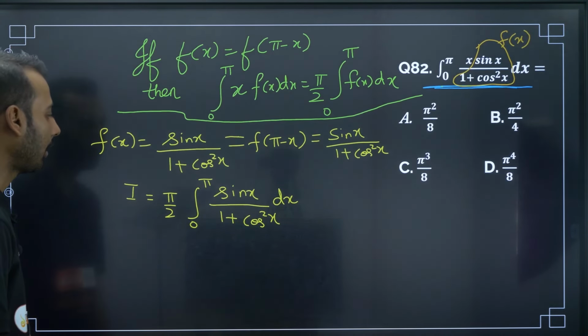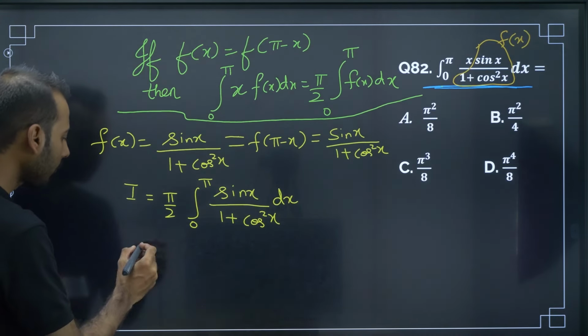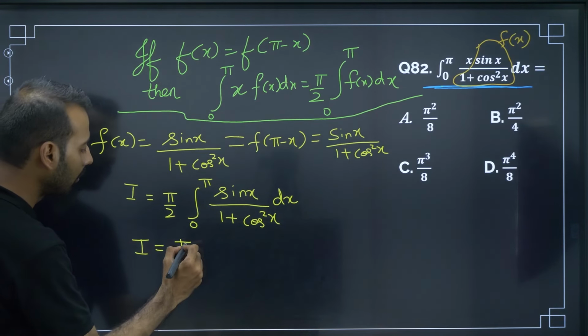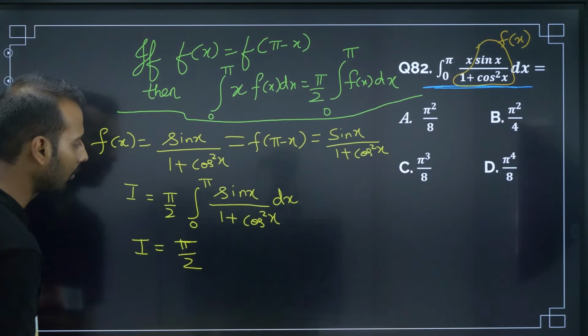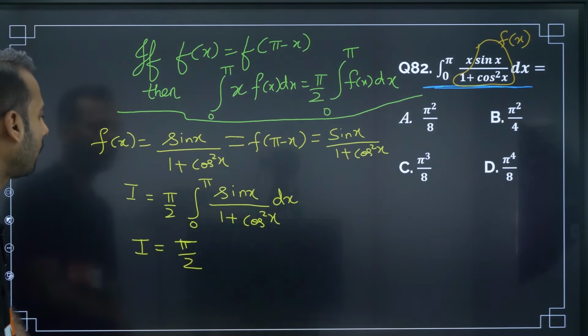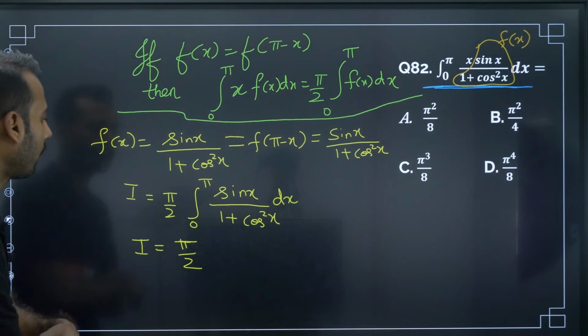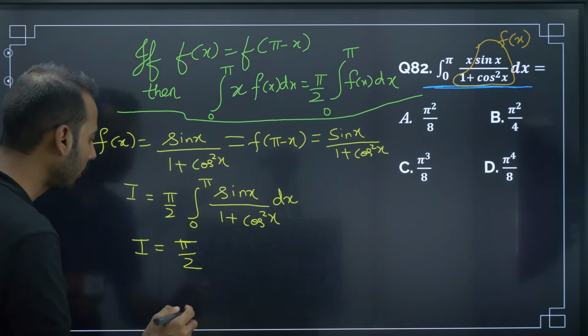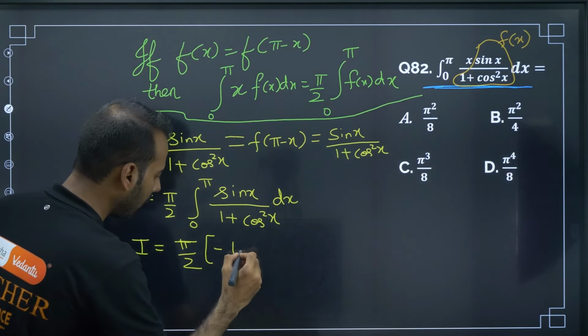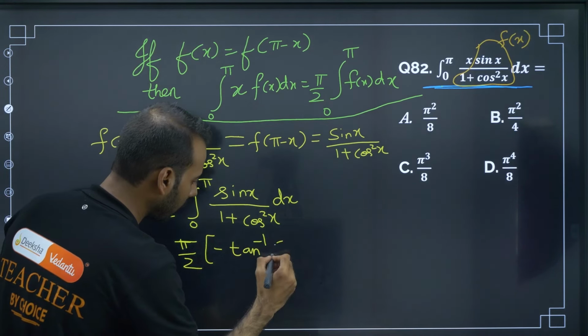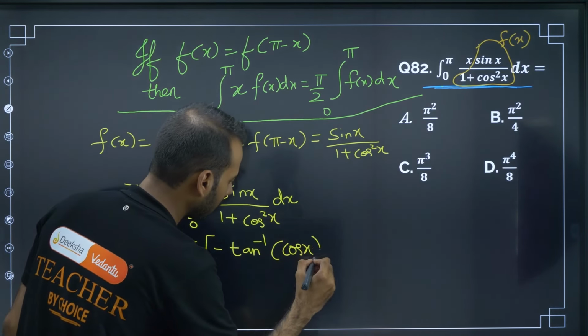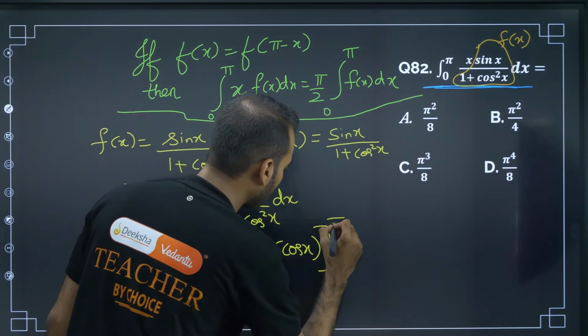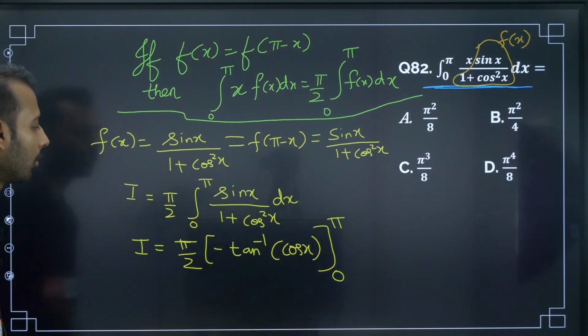Next, I is equal to pi by 2 times sin x and all this. If I observe here, this is integration of minus tan inverse of cos x from 0 to pi.